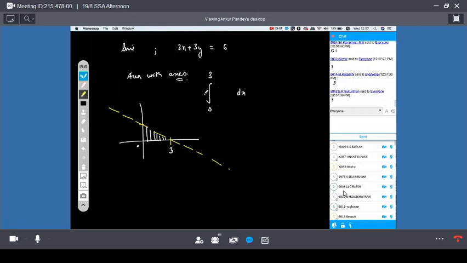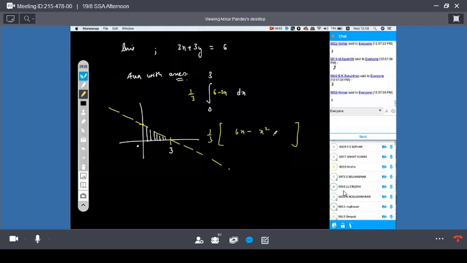Yes or no? 1 by 3 as it is. Integration of something inside is 6x minus 2x square by 2, which is just x square, from 0 to 3. 1 by 3 as it is. 18 minus 9 is 9, minus 0 minus 0. Cancel, 3. Now you might be thinking, sir, why put in so many efforts?